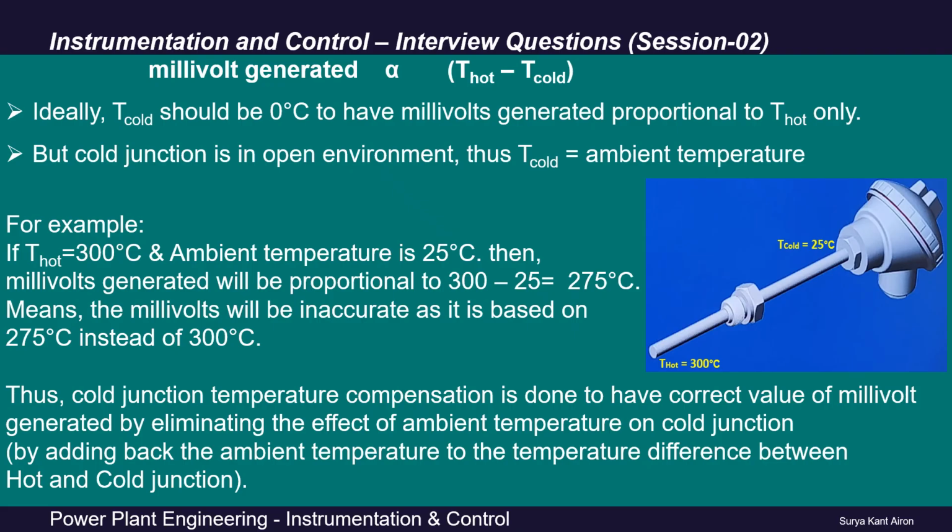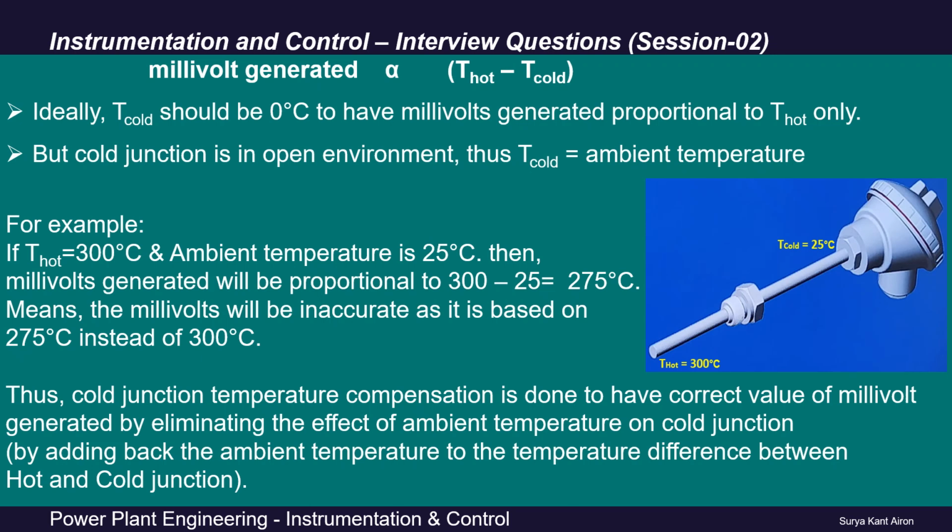Let's discuss this with an example. Say the hot junction is at 300 degrees centigrade and the ambient temperature is at 25 degrees centigrade. Then the millivolt generated will be according to 300 minus the cold junction temperature, which is 25.